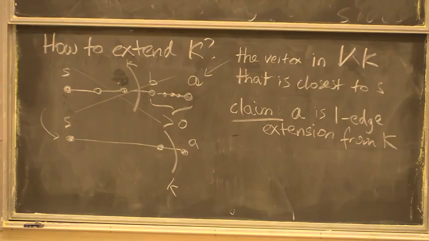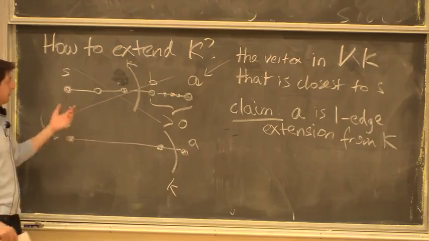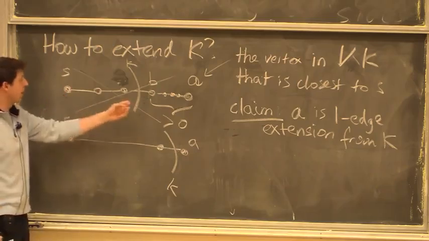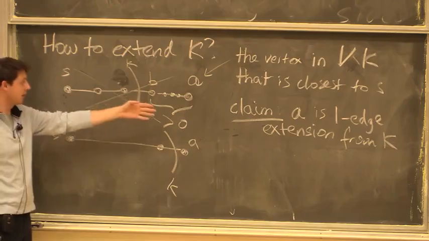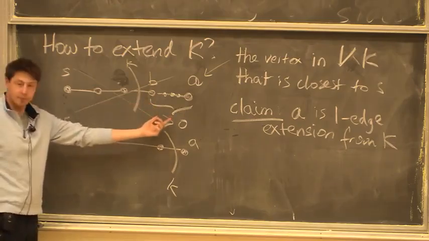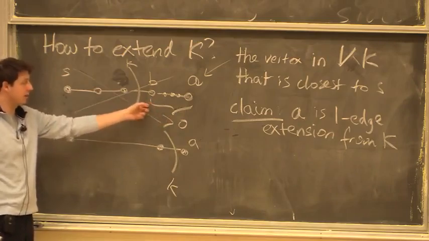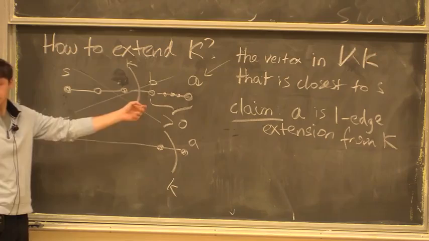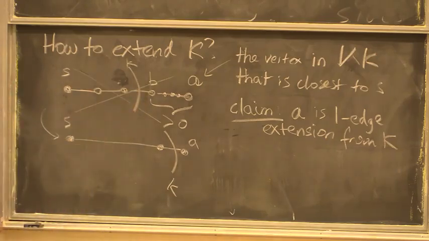Are we comfortable? Again, we're saying, suppose this is not the case. Well, then pick the shortest path from S to A. There will be a first one outside of K. Let's call it B. It is before A. We have positive lengths, so B is closer to S than A is. And that's not okay, because we picked A to be the closest one.